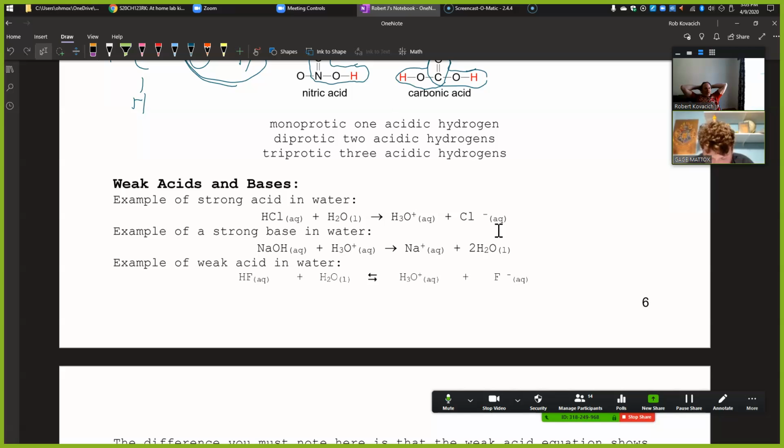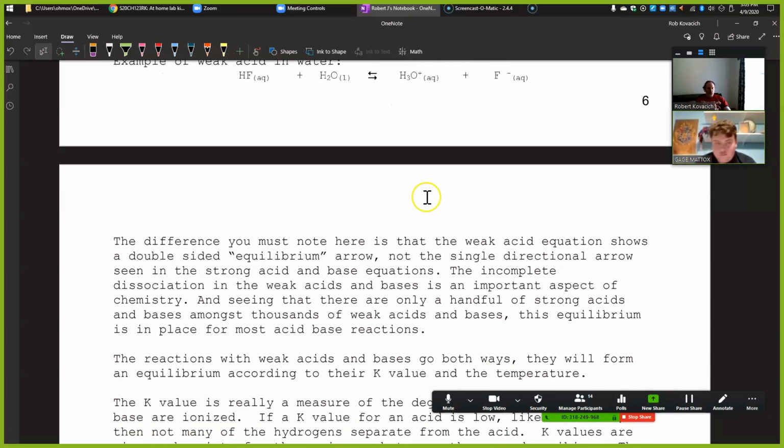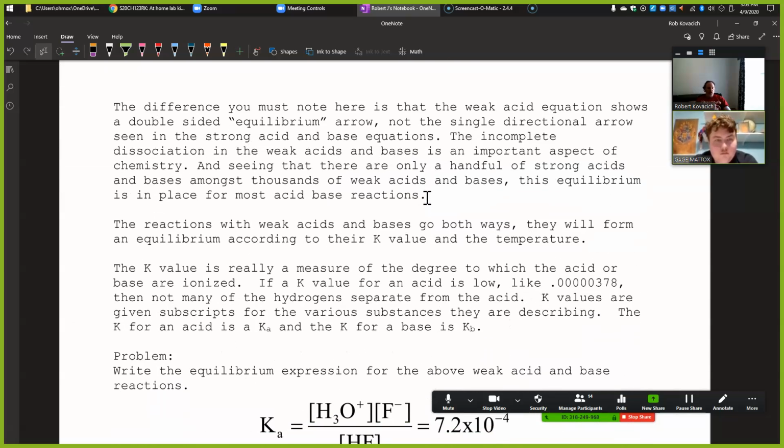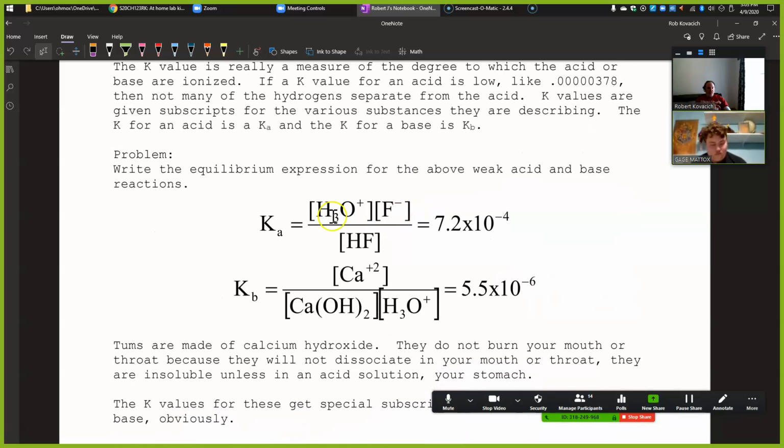And then hydrofluoric acid, on the other hand, since that's a weak acid, is going to have a bidirectional arrow, meaning it's in equilibrium. So these are controlled by an equilibrium expression, in this case a Ka, or this one down here is the equilibrium expression for a base.